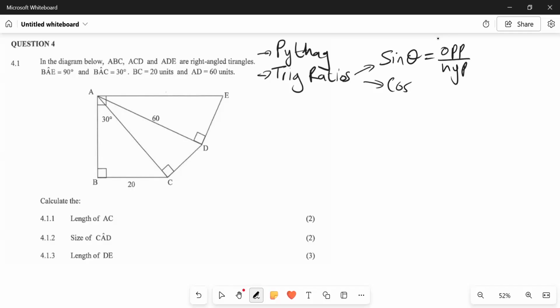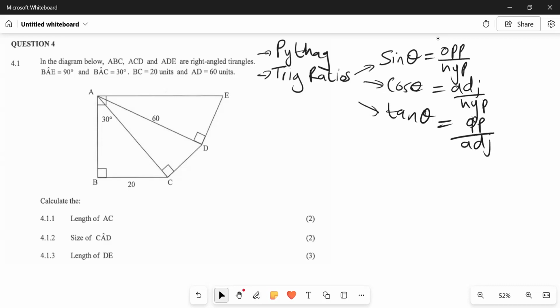You have your cos theta, which is equal to adjacent over hypotenuse. And then lastly, we have our tan theta, which is equal to opposite over adjacent, right?